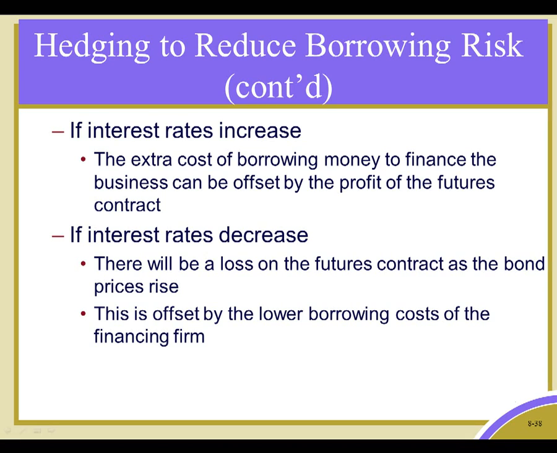Let's say they have to pay their employees in Mexico in pesos, but the goods are being sold in the U.S. in dollars. That concern about being able to translate dollars into pesos and pesos into dollars might cause the firm to engage in a hedging transaction in the foreign currency market. So that's another alternative. But in general, the purpose of hedging is not to reduce the average cost, but to reduce the uncertainty about what the cost is going to be.